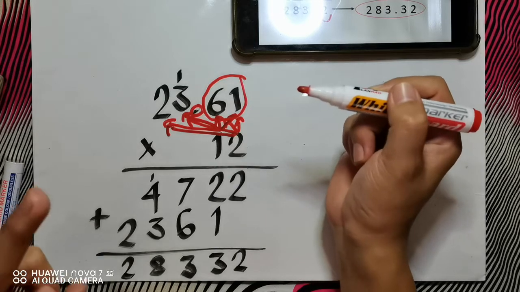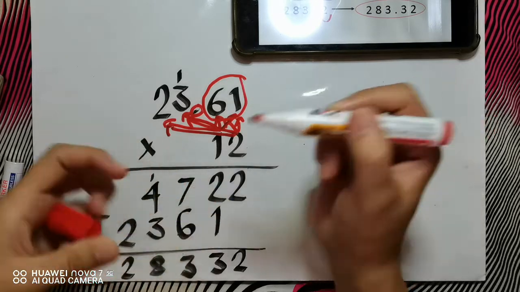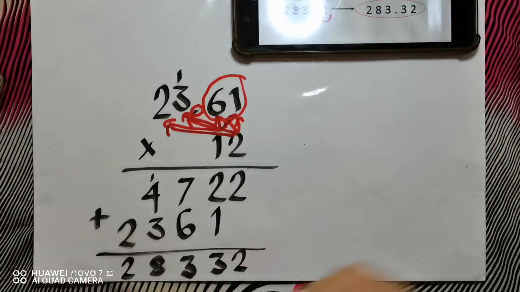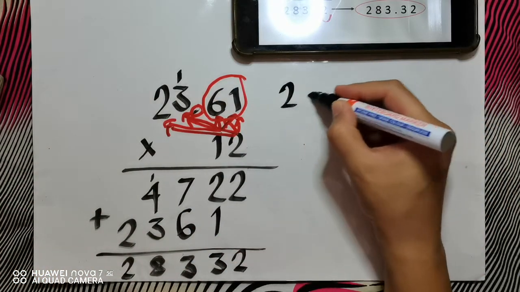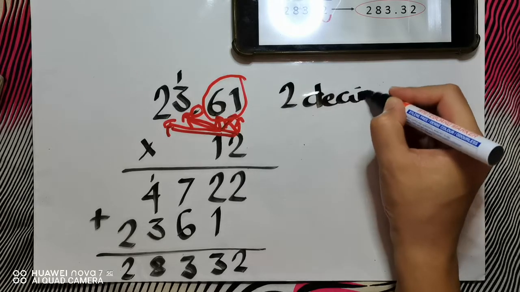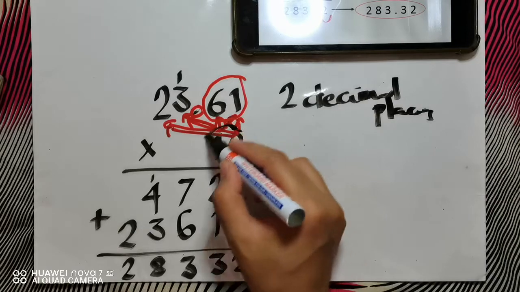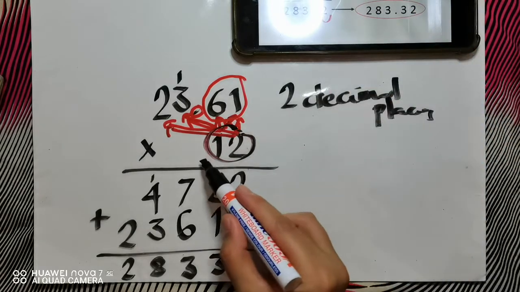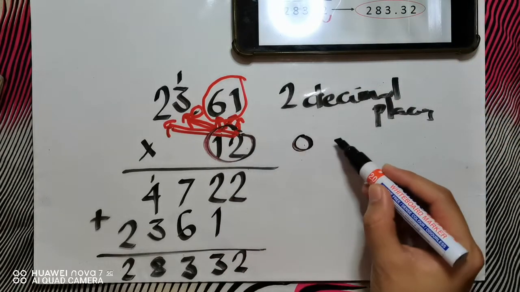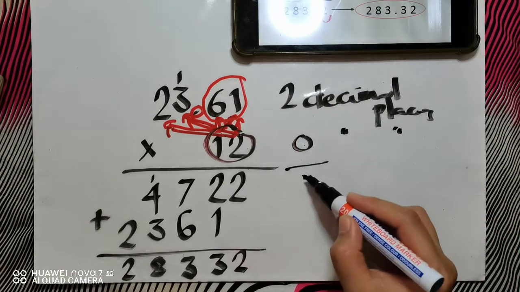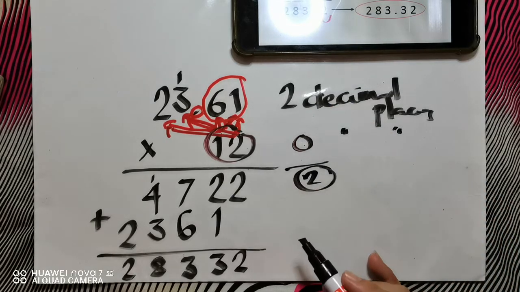That is 2 decimal places. So, kapag ganun ang nakuha mo sagot, since you have 2 decimal places, at dito, wala, 0 kasi wala naman tayong decimal point dyan. So, 0 decimal place. All in all, 2 plus 0, you have 2. Therefore, we have only 2 decimal places.